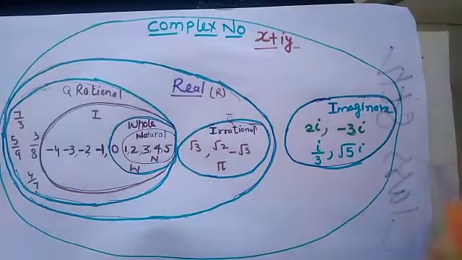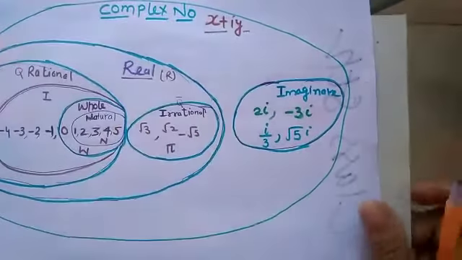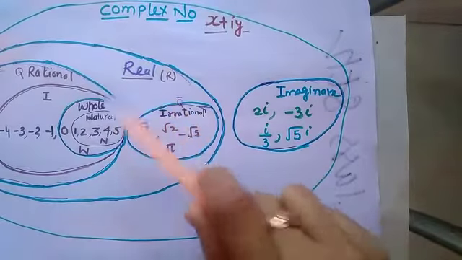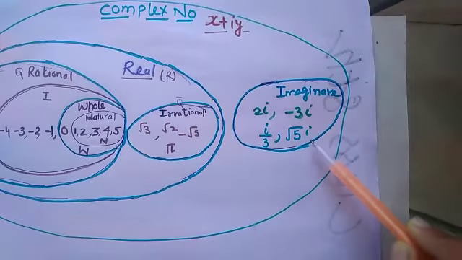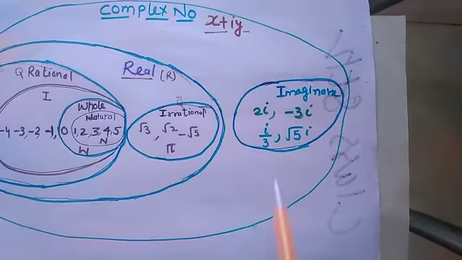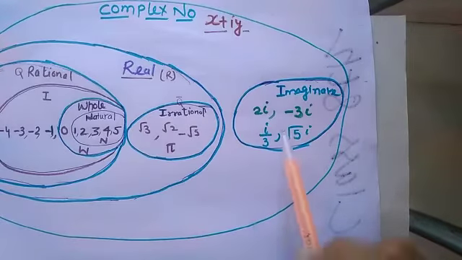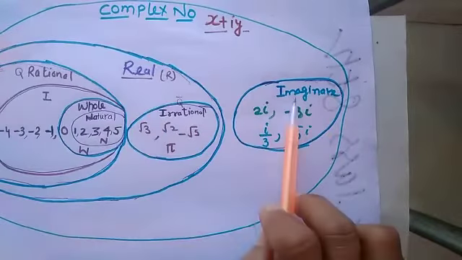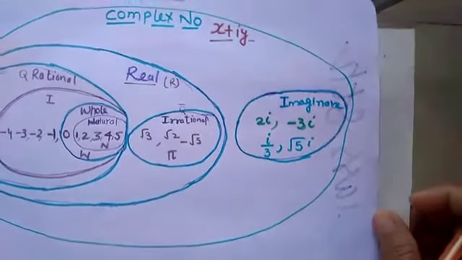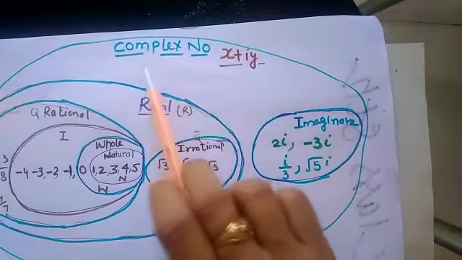This is a real number, and mathematicians beyond the real numbers also introduced a new thing, which is the imaginary, denoted with iota. So 2 iota, minus 3 iota, iota by, all this is the imaginary. So if we combine real plus imaginary, we will get the complex number.